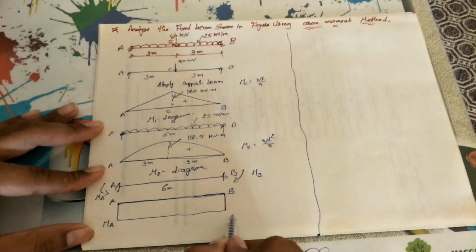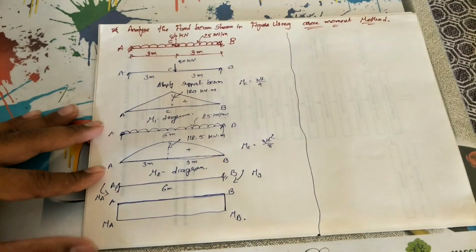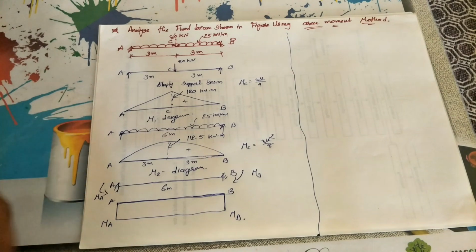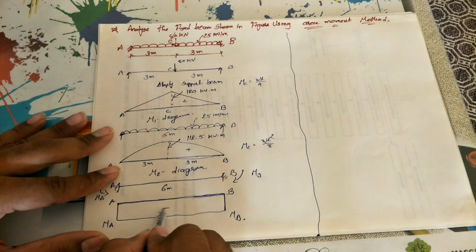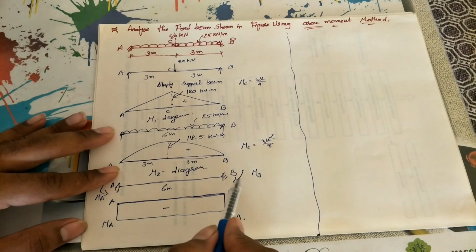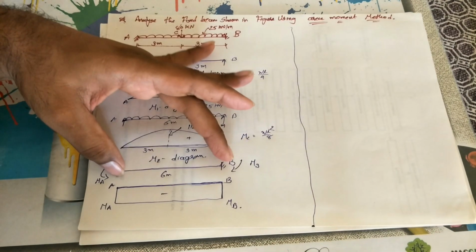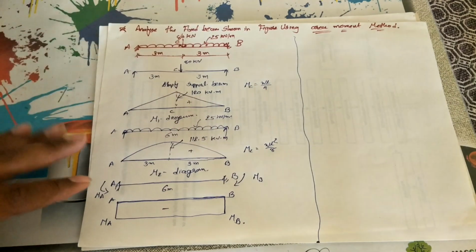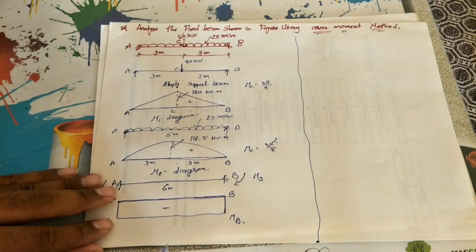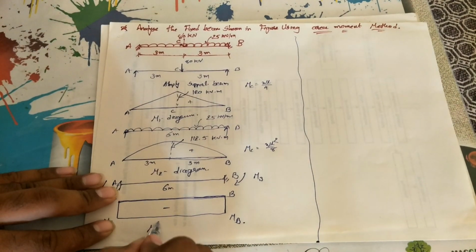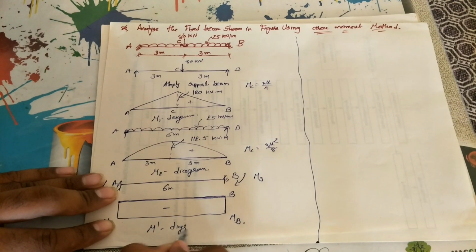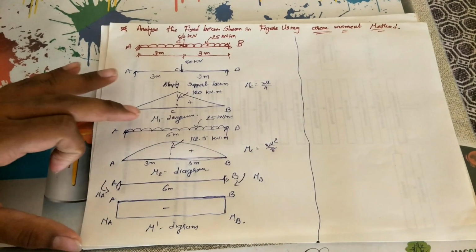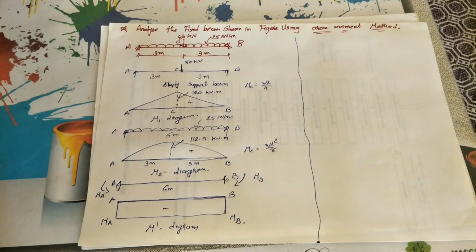This is MA and MB. We don't have values right now; those values we have to calculate. So these are my couple moments, and based on them I have drawn a bending moment diagram. This bending moment diagram is known as the Mu-dash diagram.